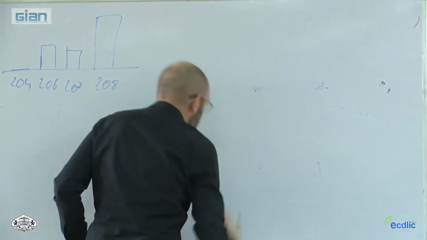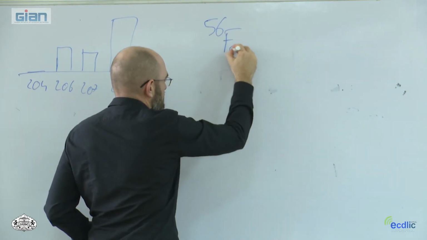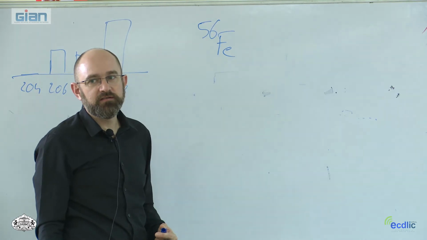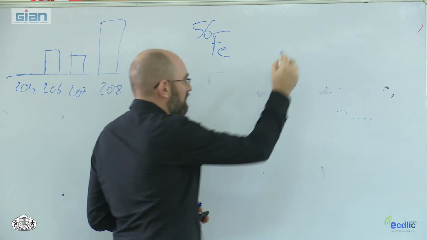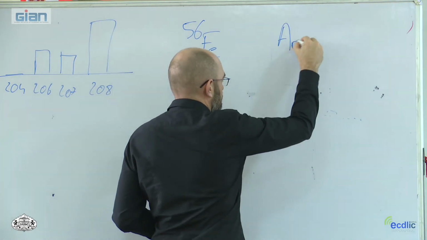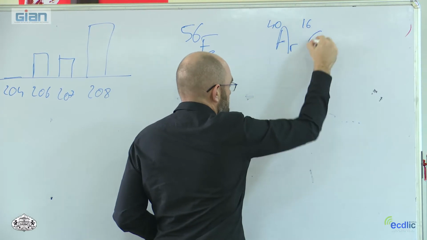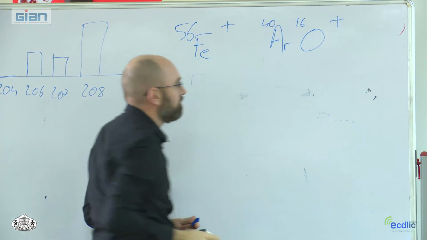For example, this is a typical example we use to explain the interference. If you want to measure the iron 56, you can measure this element, but the machine will also produce this 56.